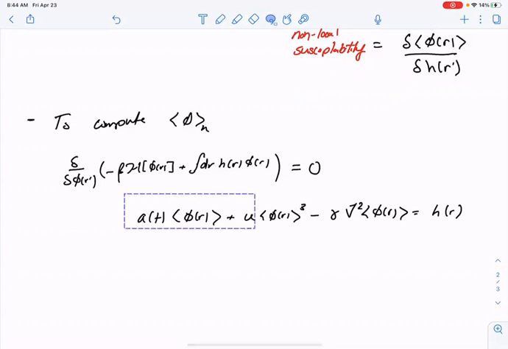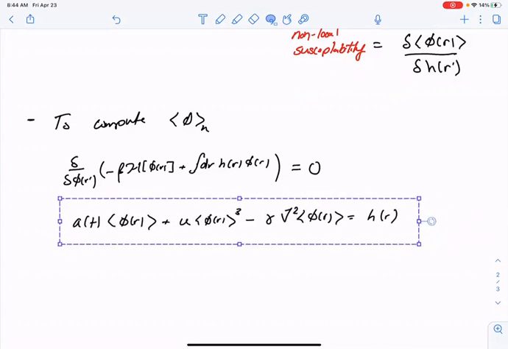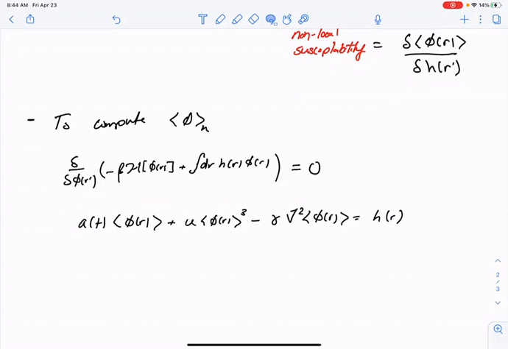So in the presence of that external field that depends on space, we lose the translational symmetry. We can find solutions that depend on the specific spatial location we're looking at.